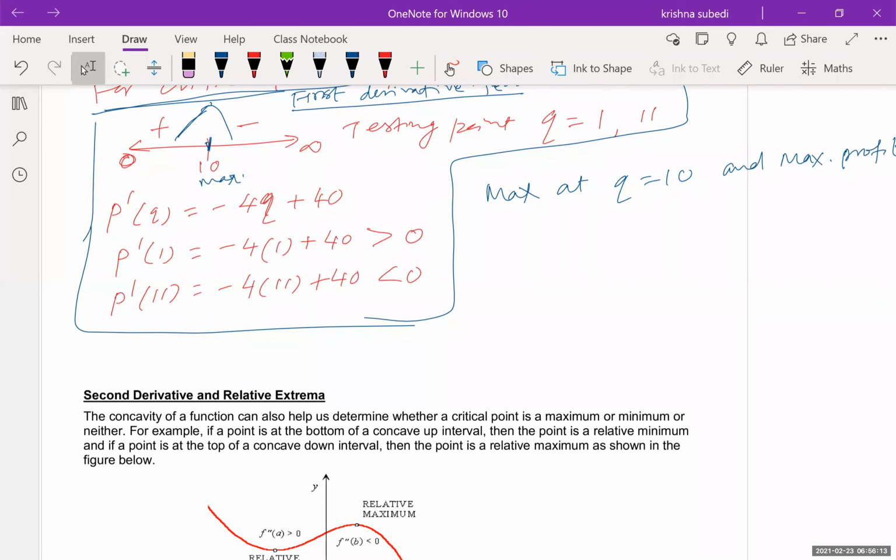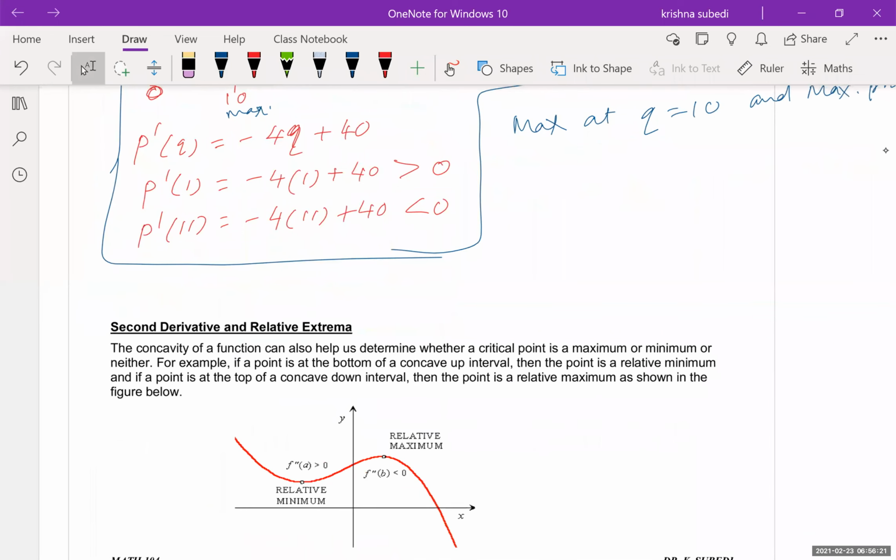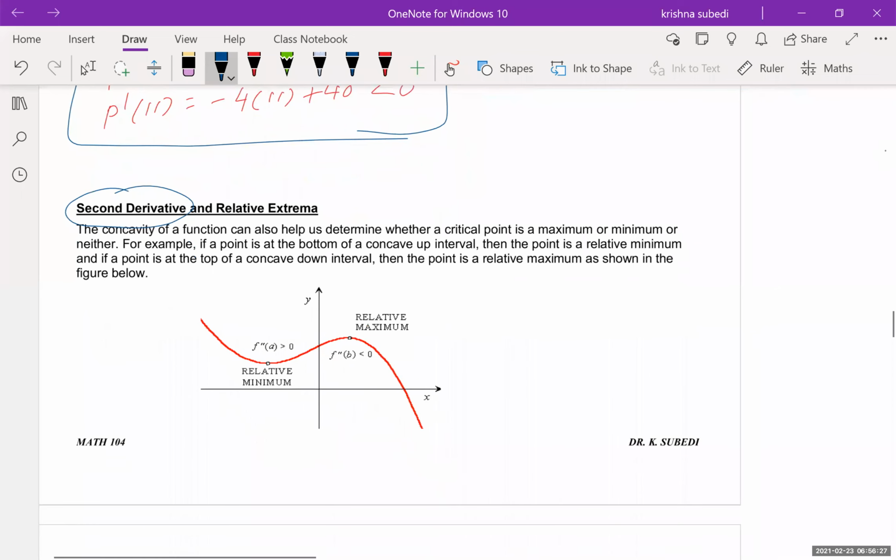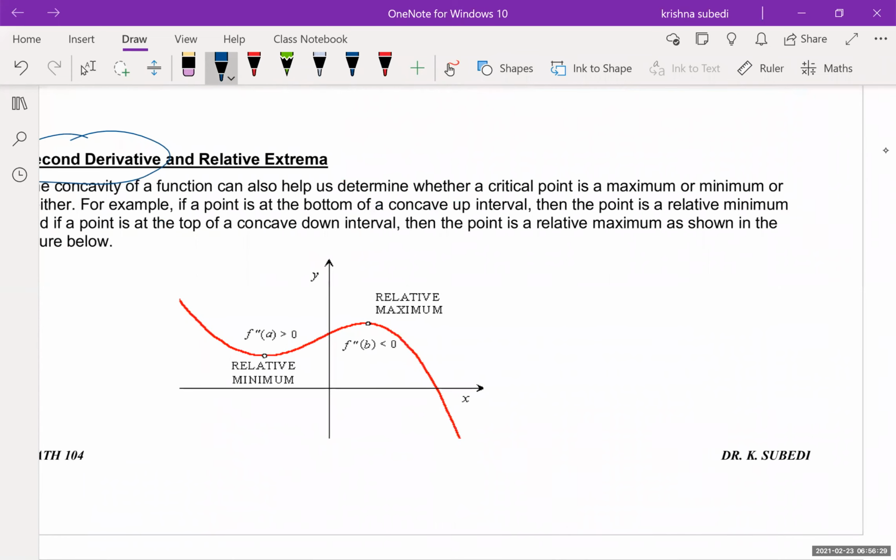There is another method called the second derivative test, and that method will be really handy in many situations. How do we use that? Please focus your attention here. Look at this graph. As you can see, this is the inflection point, IP.